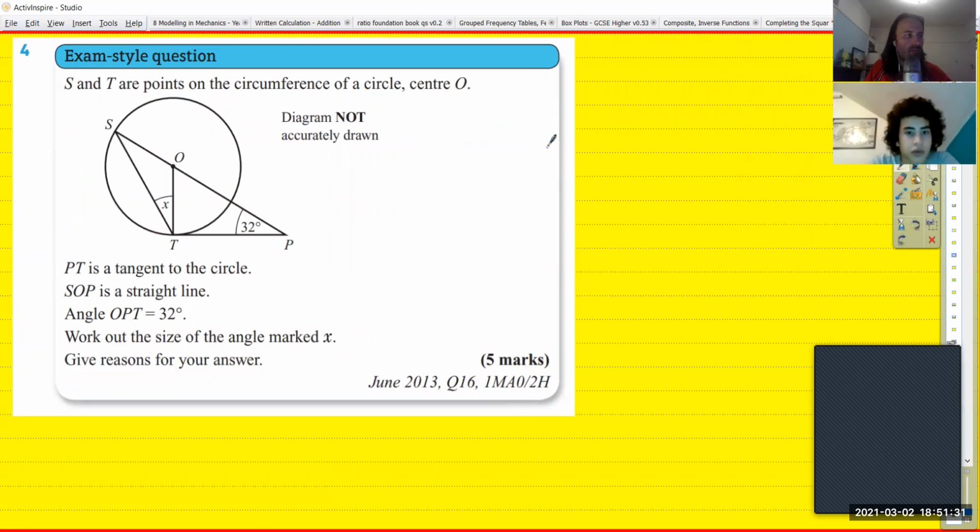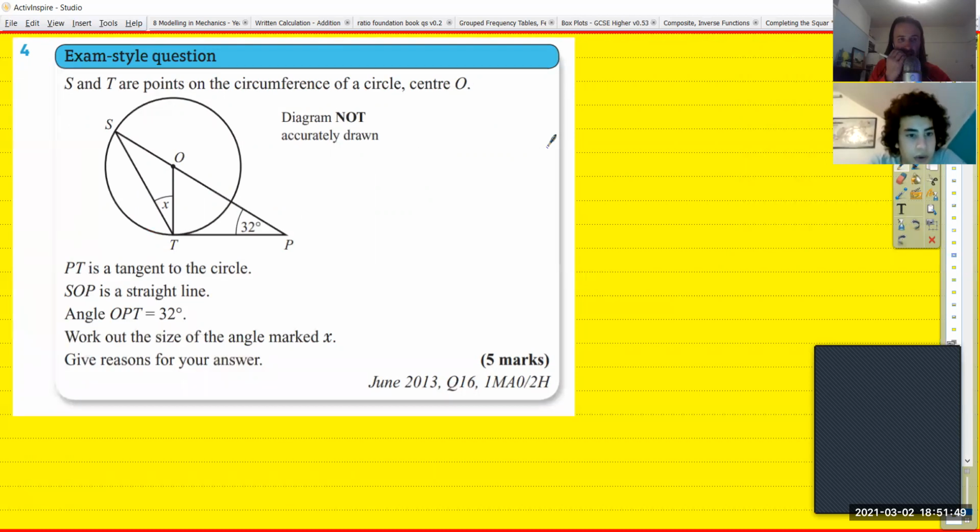S and T are points on a circle. PT is tangent to the circle. SOP is a straight line. Angle OPT is 32 degrees.